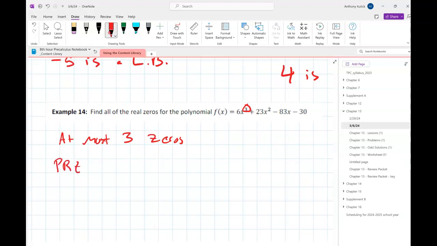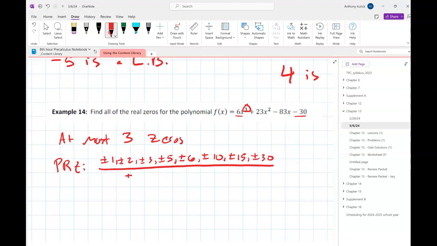My possible rational zeros are going to be my factors of 30 over my factors of 6. 30 is a rough one, guys. It's a lot of factors of 30. And 6 is no picnic either. Everybody's cool with that?